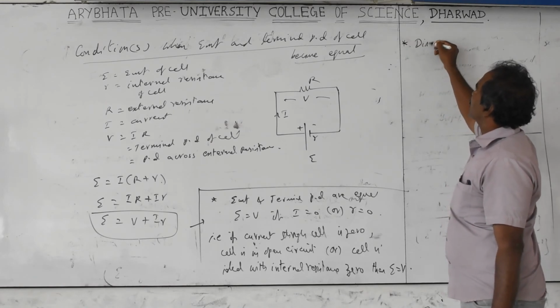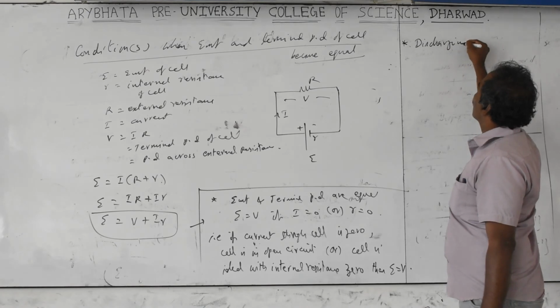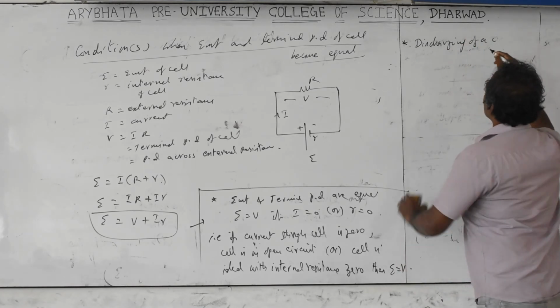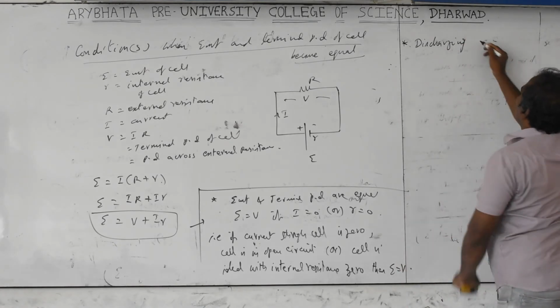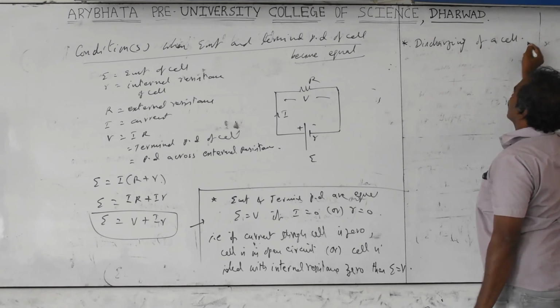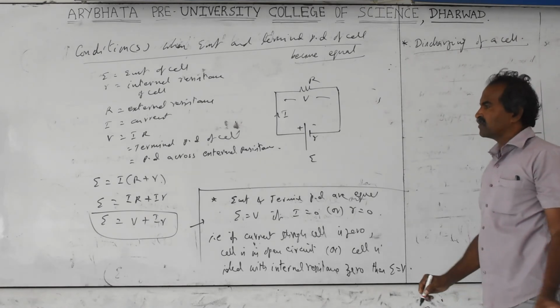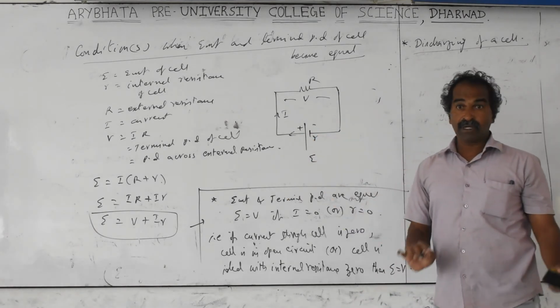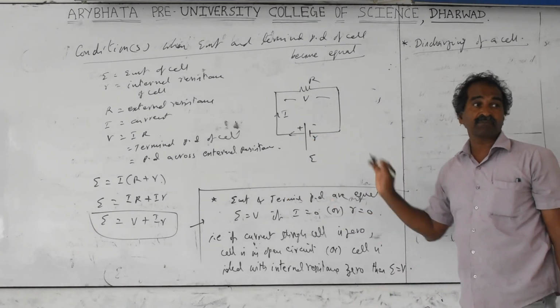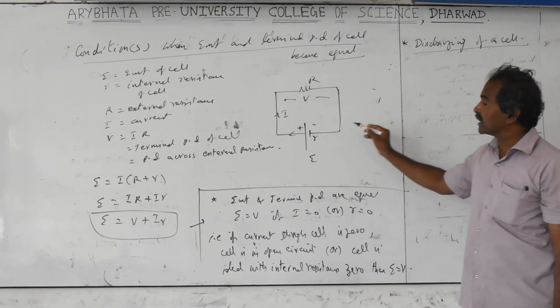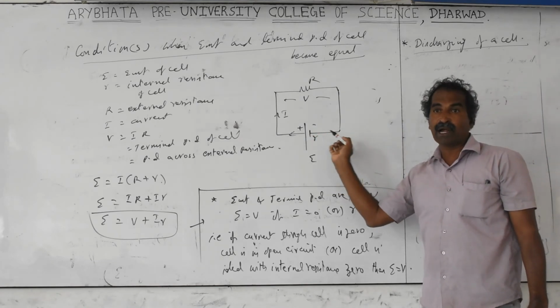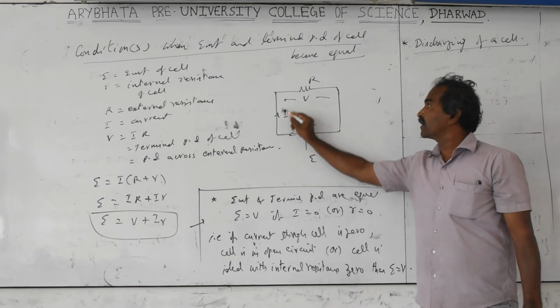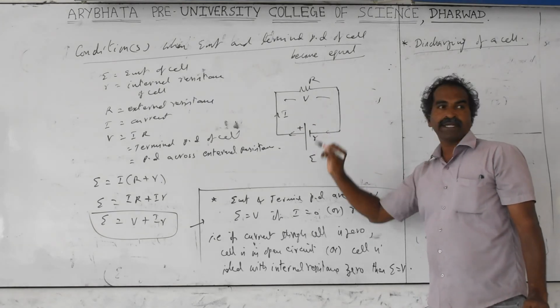Discharging of a cell. In the discharging of a cell, current is coming out. Generally, we talk about current coming out of the plus terminal as discharging. Very rarely do we use charging of a cell problems. Discharging of the cell means current comes out of the plus terminal of the battery, goes around, and enters at the minus.